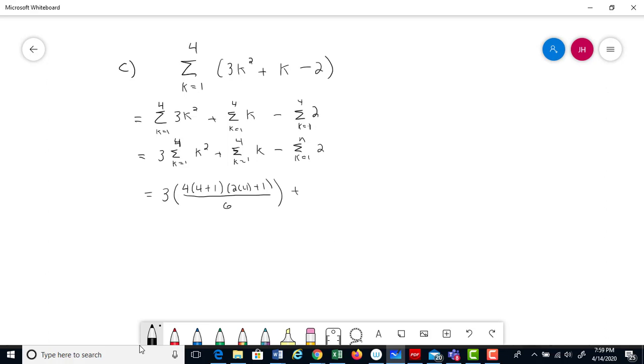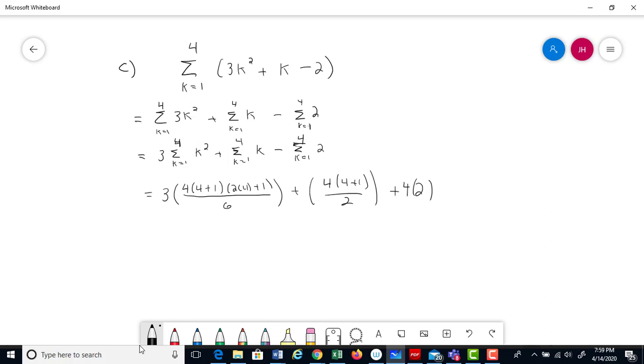Well, remember what it is, it's n times n plus 1 all over 2, but instead of n, we're going to have 4's there. So this is going to be equal to 4 times 4 plus 1 all over 2. Plus this is just 2 times n. I'm sorry, I should have a 4 there. 2 times 4. So this is just going to be 4 times 2.